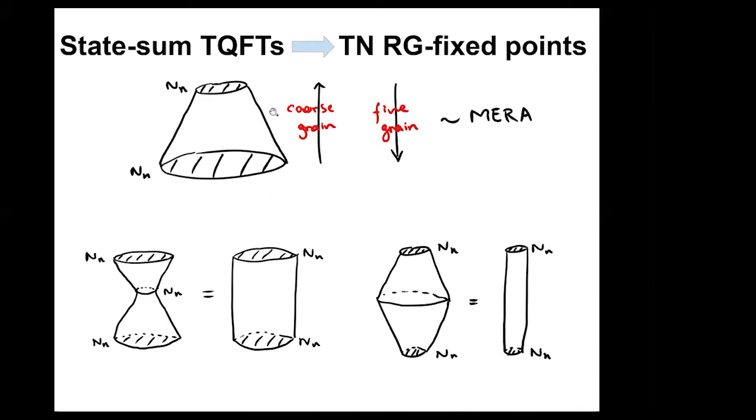So this basically implies that given these tensors that satisfy Pachner equations, which give us retriangulation invariance, we can show that there are equivalences between different lattice sizes. So these are actually RG fixed points.